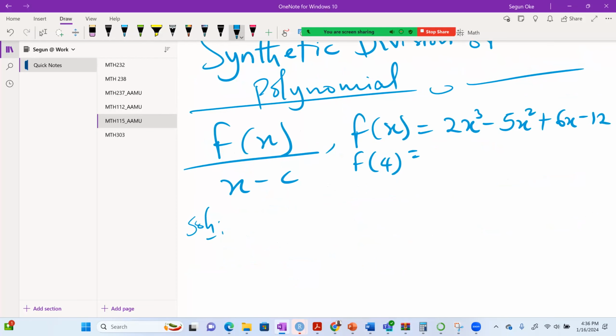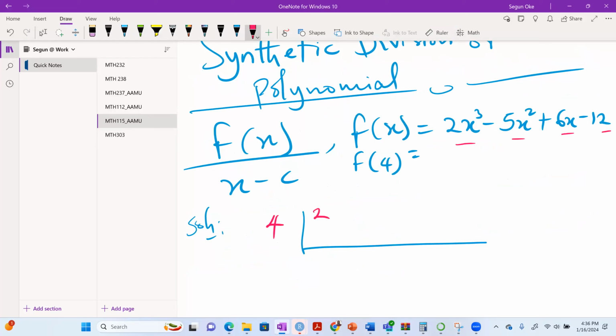Synthetic division is represented in this way. What is the coefficient of each of these variables? You have to put them here. Remember, we are using f(4), so 4 is here. You have 2, -5, 6, and -12.